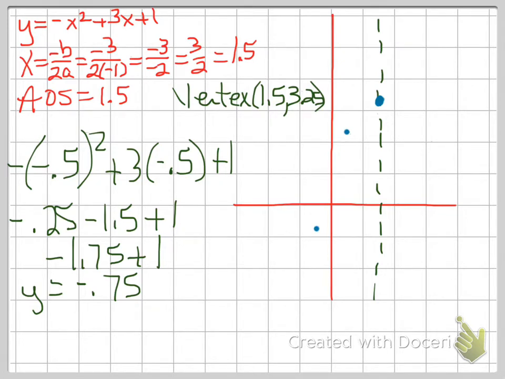Now we're going to come over here. Let's do this in some different colors. We'll do it in purple. I'm going to go from my first point to my line of symmetry and on over. So right about there is my first point.